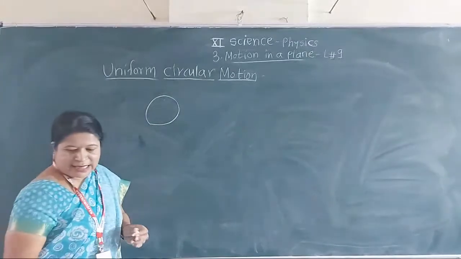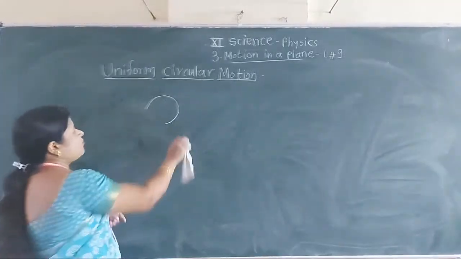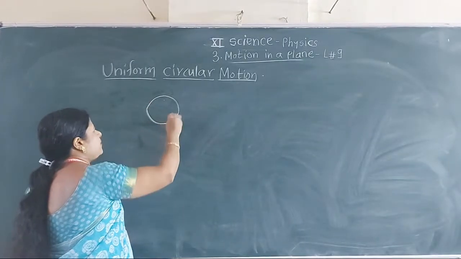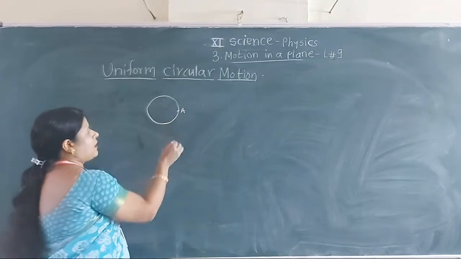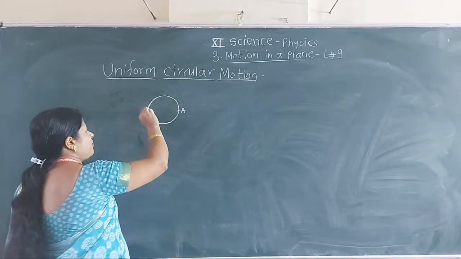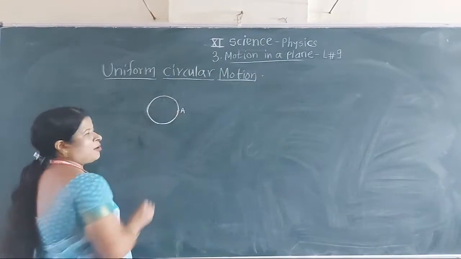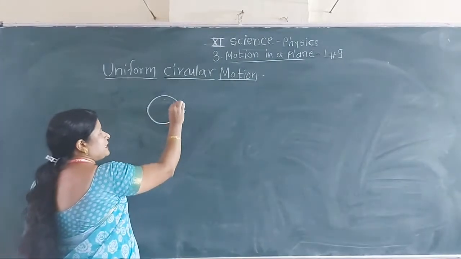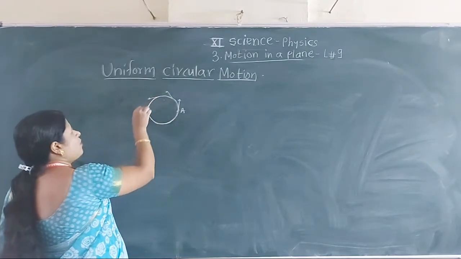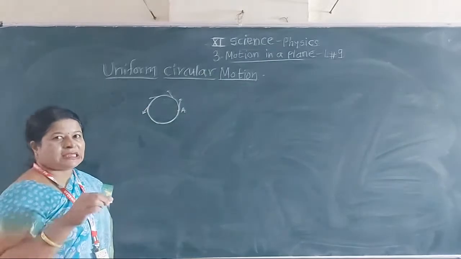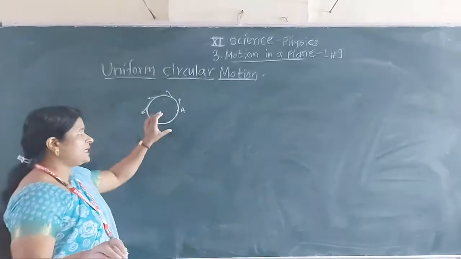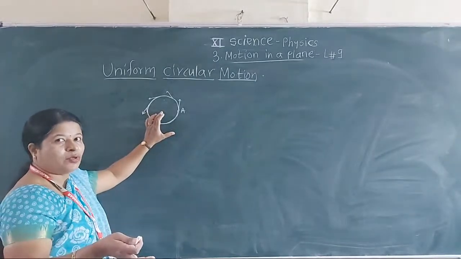The object is moving in a uniform circular path. For example, this is the object A and it covers this circular path in a uniform direction. That means it covers this distance in a uniform velocity. Uniform velocity means it covers this distance in equal intervals of time. We saw this in rectilinear motion, uniform.